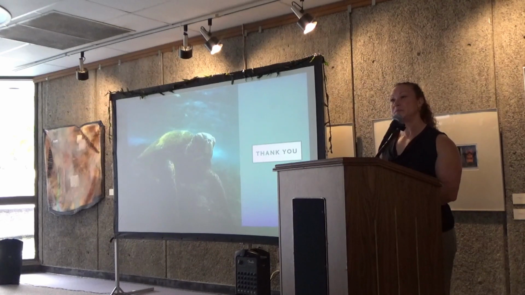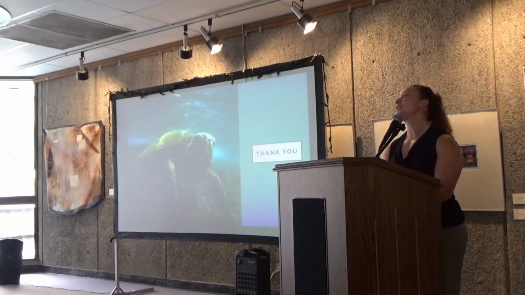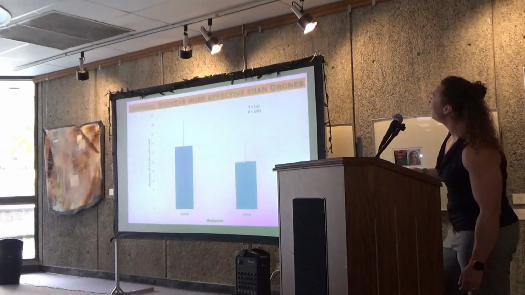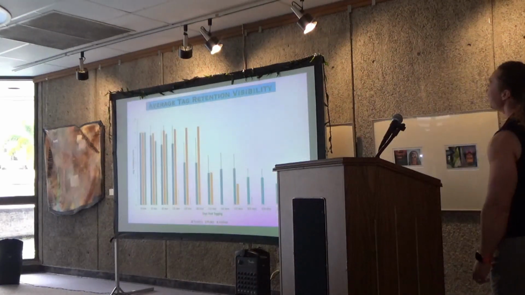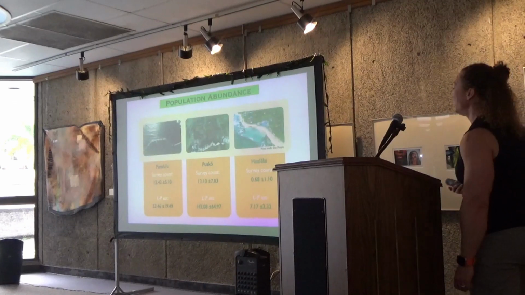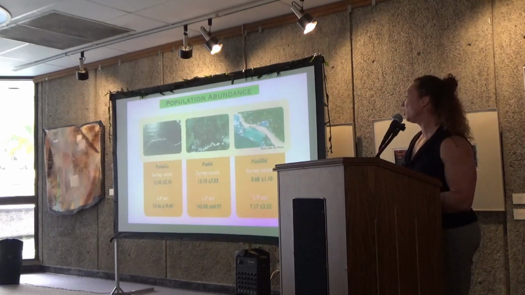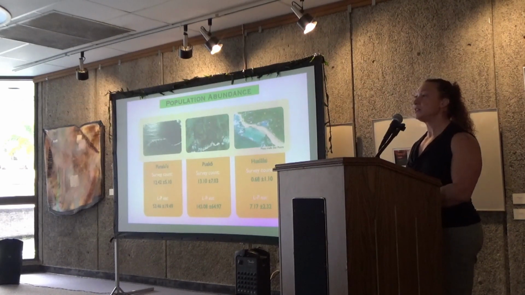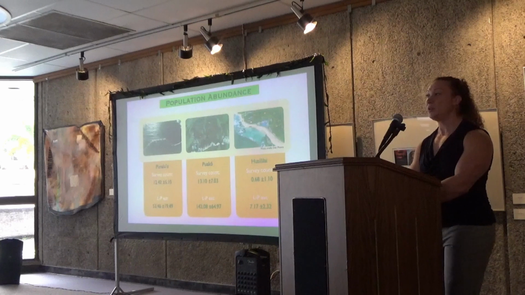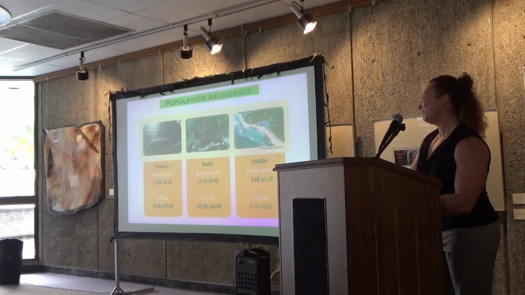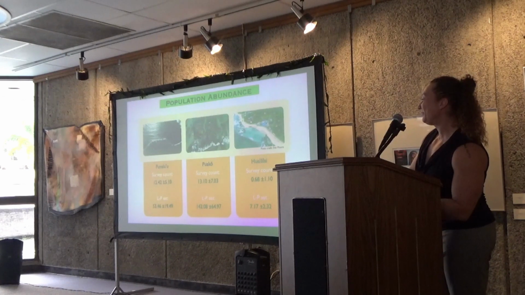Right. Cool. Yes. Can you go back to your Peterson model results? Okay, so at Punaluu and Puako, you found the same number of turtles per survey? Close to it, yes. But the population estimates are completely different. So what do you think's going on?